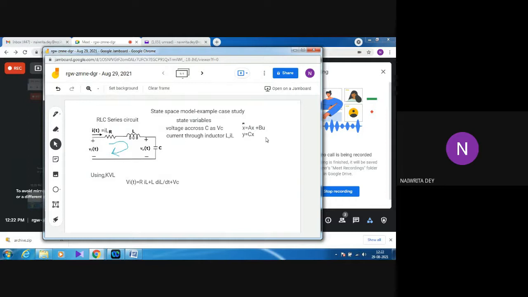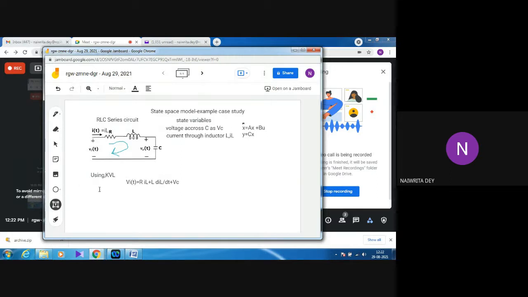Now in the state equation, x dot equals AX plus BU, so the state vector's differential term will be on the left hand side. This dot means the first derivative of x. Here we have the derivative term L into dIL/dt.